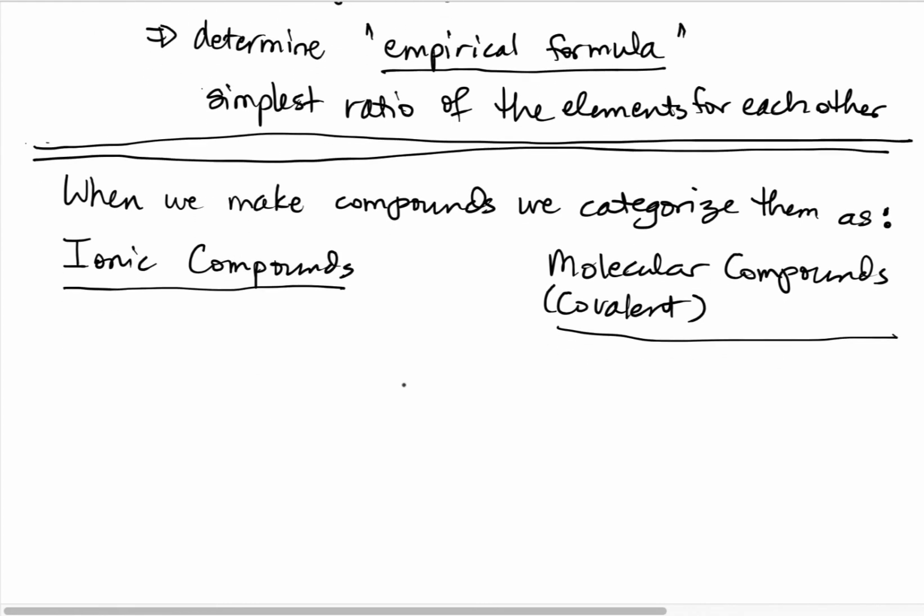All right, so how do we know if something makes an ionic compound or a molecular compound? If we have an ionic compound, we are going to have typically a metal and a non-metal component. And over here for molecular compounds, these are going to be all non-metals.